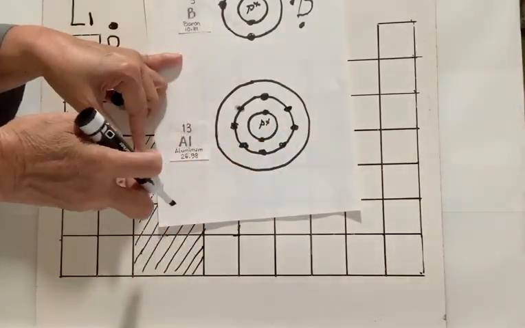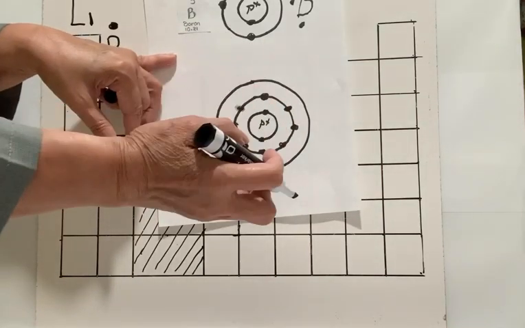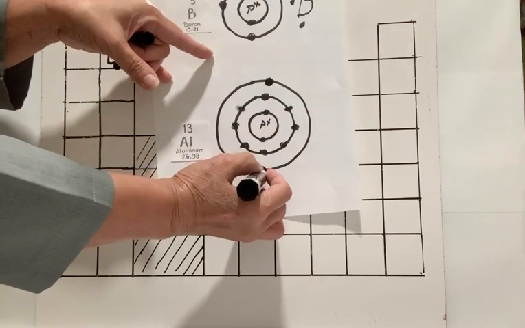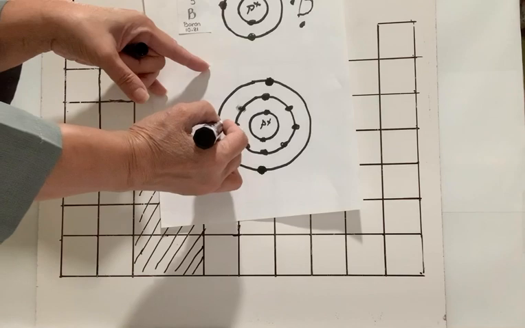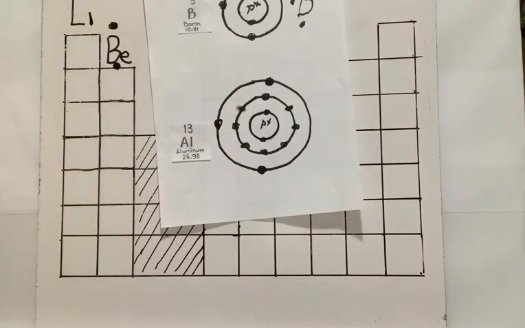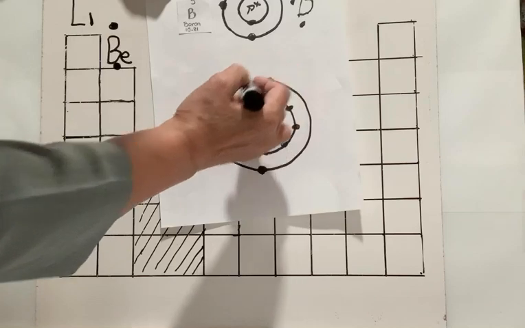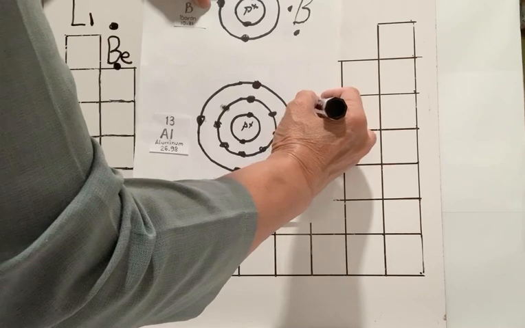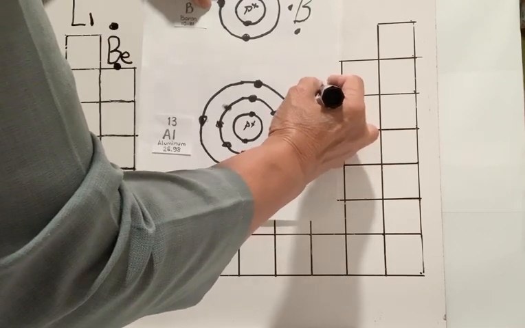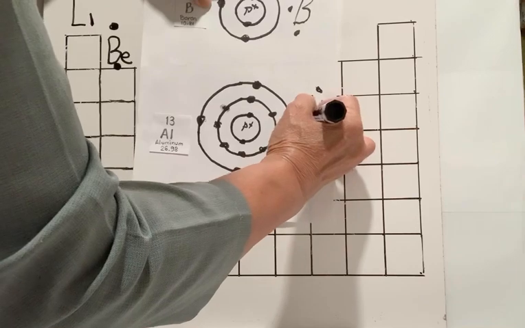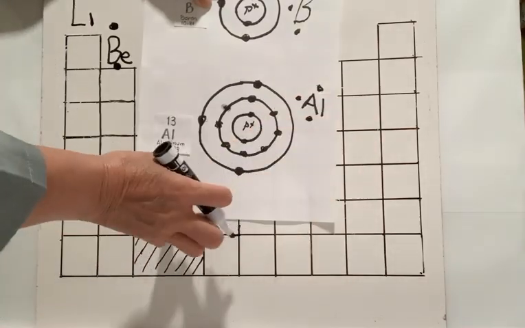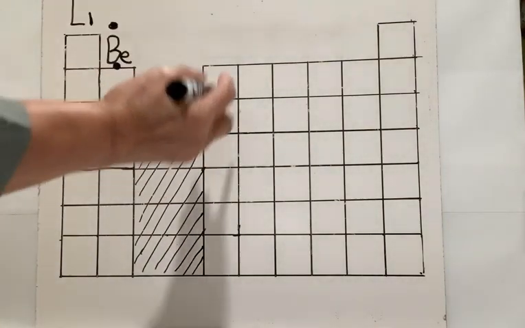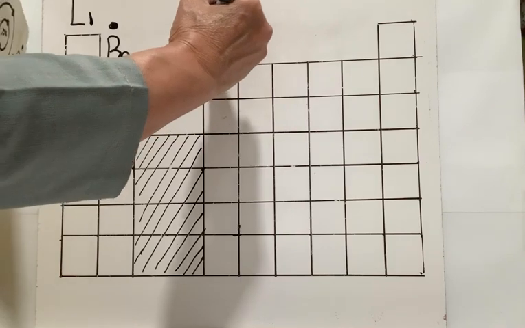And we have 13. 2 plus 8, 10. So, 3 more, right? So, the 3 more electrons will go to the next third energy level. And so, that means it has 3 valence electrons. And so, the electron dot diagram for aluminum has 3 dots. Remember, the dots equal the valence electrons.